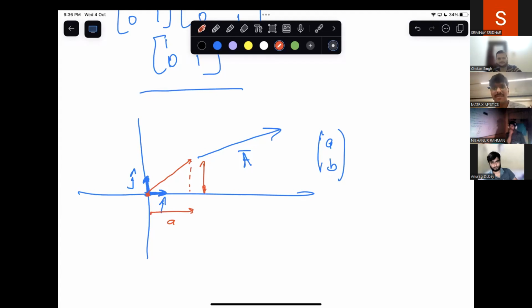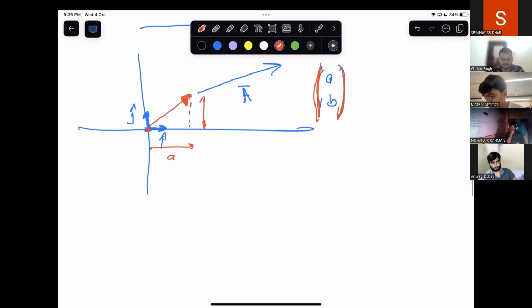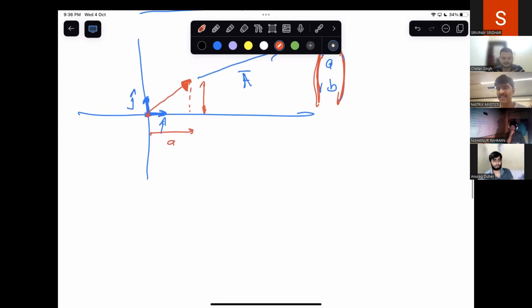Now that we have established that we can represent these vectors as column matrices, like here a comma b, let us just observe what magic a matrix can do to a vector. So I'll take some random 2 cross 2 matrix, A is equal to 1 2 3 4.